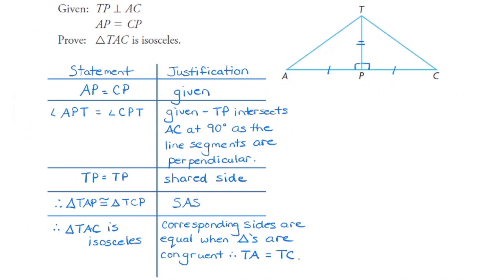So in this case, we know that AT has to equal TC. We could have also said corresponding angles are equal when triangles are congruent. So angle TAP therefore has to equal angle TCP. Both of those would show that we have an isosceles triangle.